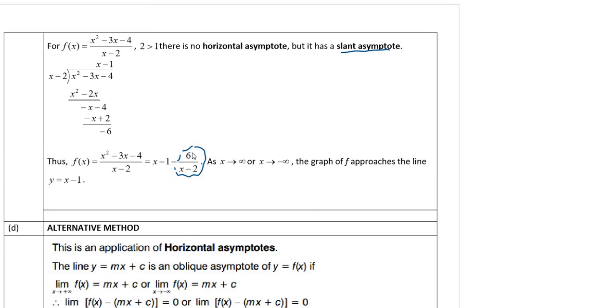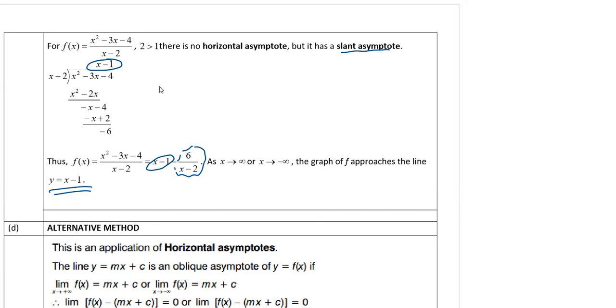So this part will go to 0, and basically the quotient here will form the slant asymptote. So basically we divide with long division.